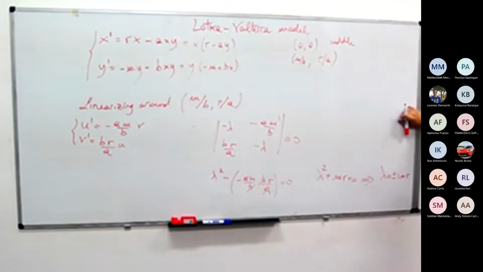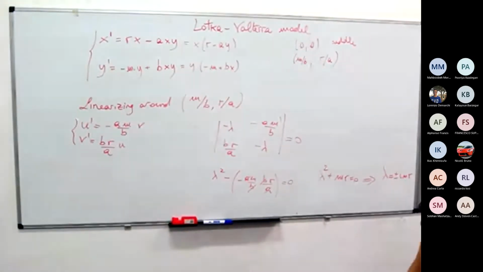So this case here is the case of two complex eigenvalues which are purely imaginary numbers. So for the linear system, this corresponds to a center.